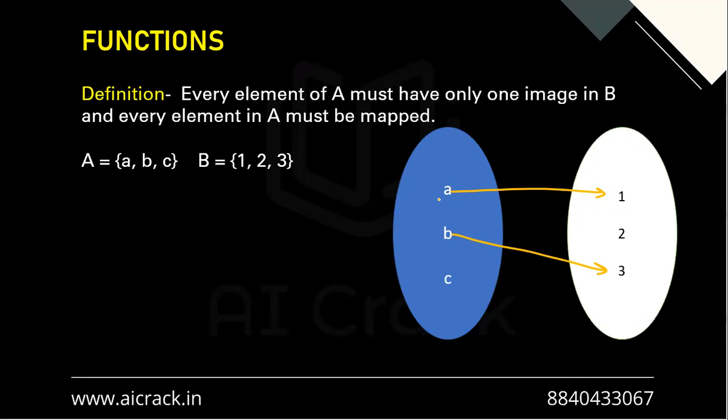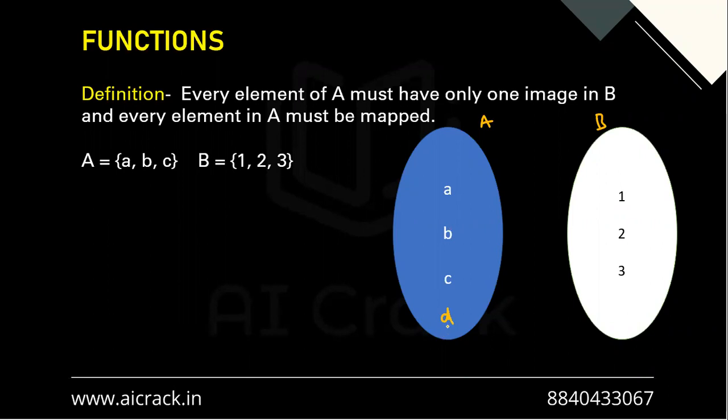We'll talk about the criteria on how to decide if this element is going to be mapped or not. Now let's talk about domain, range, and codomain. Now remember the discussion in relations. We got to know that every element which is being mapped from set A is the domain. Same is the definition over here, but in this case, we cannot leave any element.